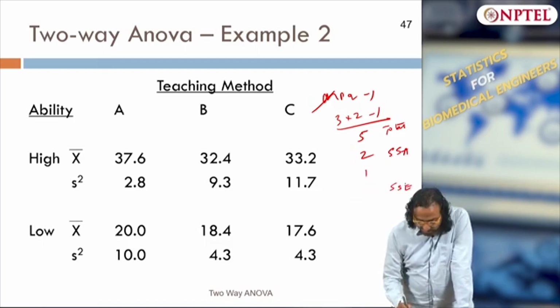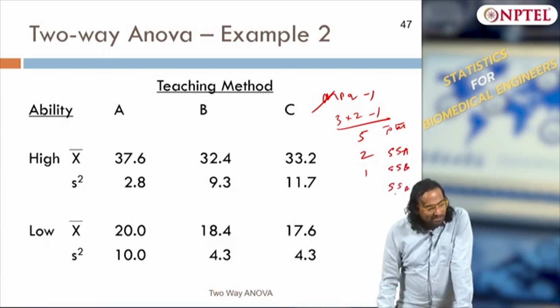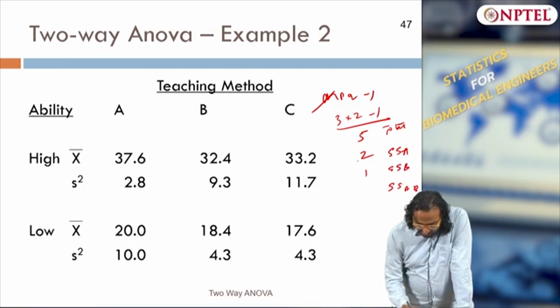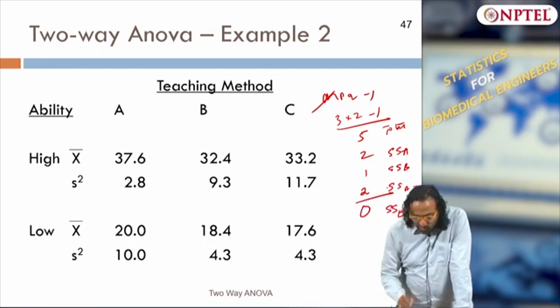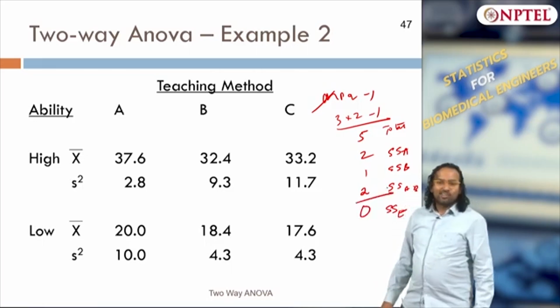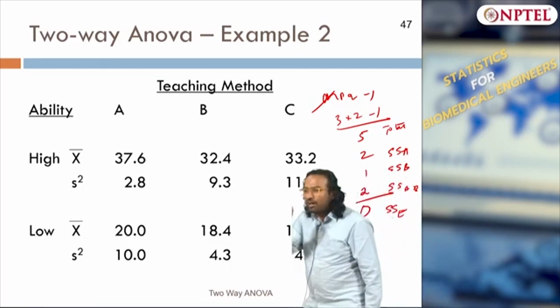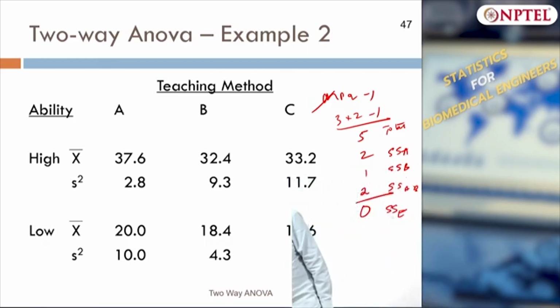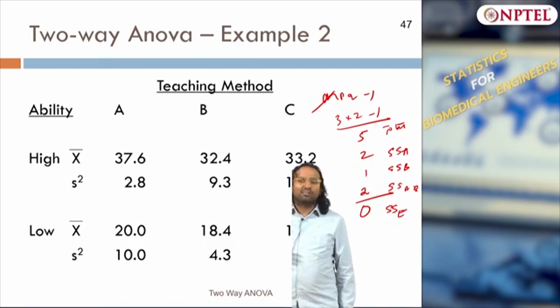Interaction degrees of freedom first of all, I forgot. What is the interaction degrees of freedom? Again 3 minus 1 into 2 minus 1, 2. So what is the total degrees of freedom for error? This is what I want you to check. So what is the degrees of freedom for error if you have no replication with one interaction? 0.